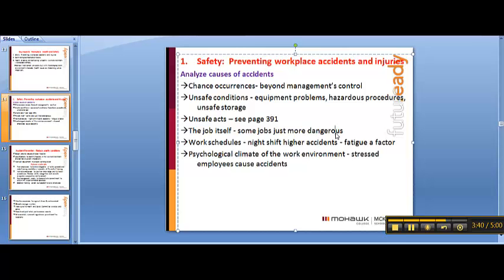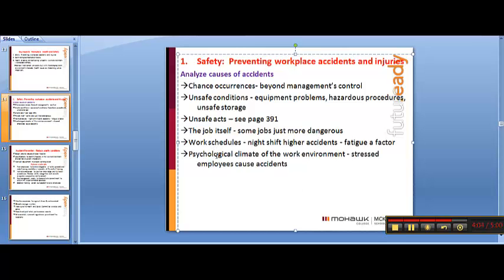We also know that when we work nights or afternoon schedules, night shift workers have higher accidents because a lot of them are just a lot more tired, right? So there are those aspects as well that are problematic and need to be analyzed to see if we can do things differently to accommodate work schedules.